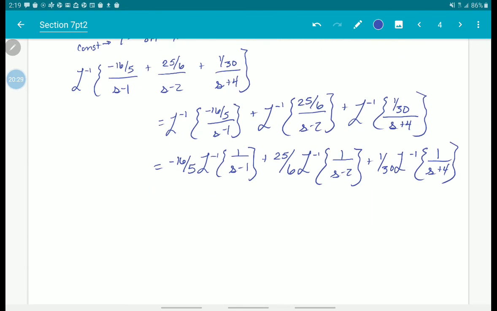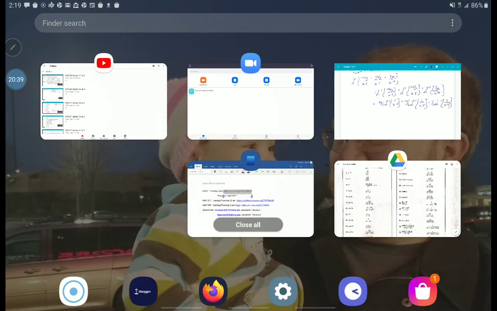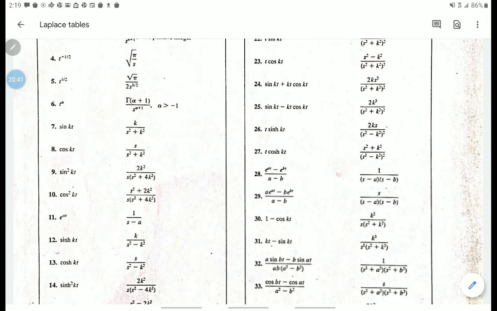So now we need to compare to our formula sheet. So I'm going to go back to that main formula sheet, and I'm looking for something that looks like 1 over s plus a number or s minus a number. And if we look at row 11, we see we have 1 over s minus a. The inverse Laplace of this would be e to the at.